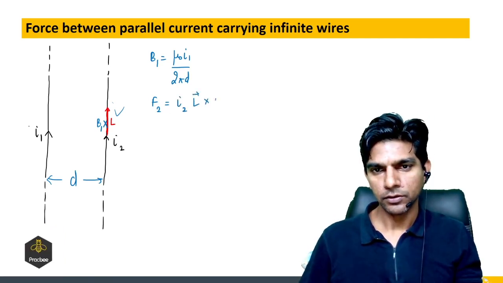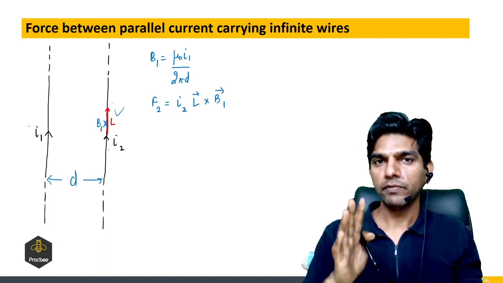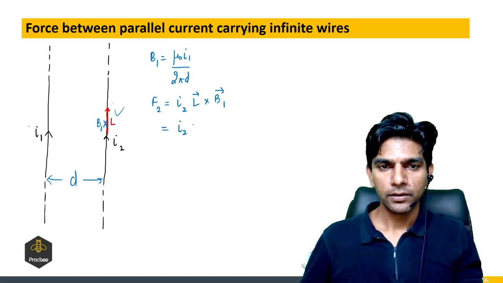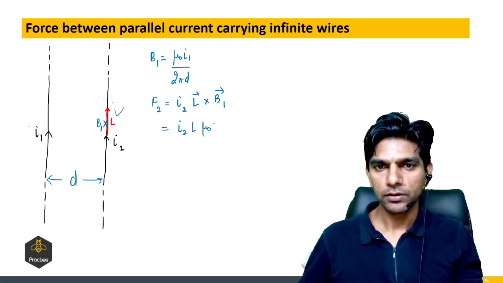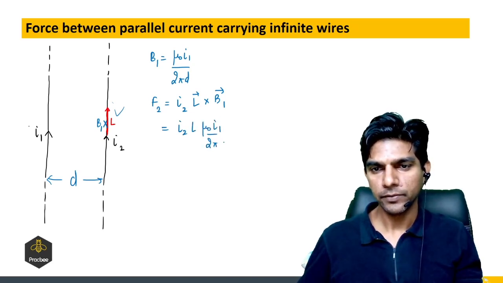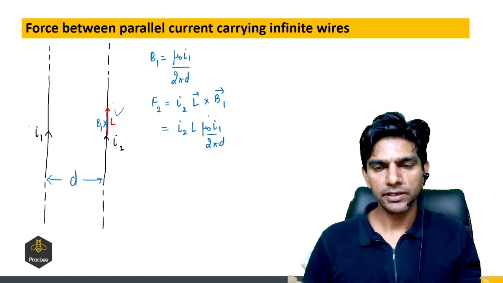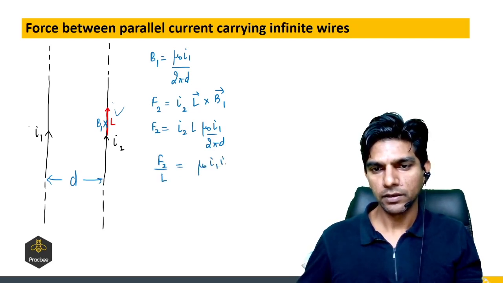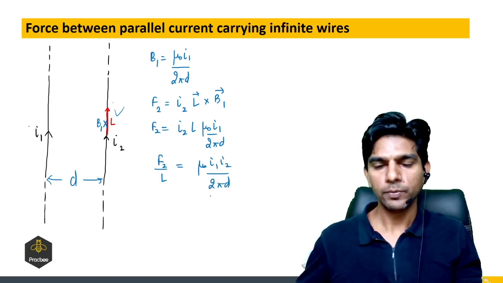Now L vector and B are perpendicular to each other, so I can write this as I2 L times B, and B is mu naught I1 upon 2 pi D. Since they are perpendicular, sine 90 will be 1. So the force F2 on length L will be mu naught I1 I2 by 2 pi D.